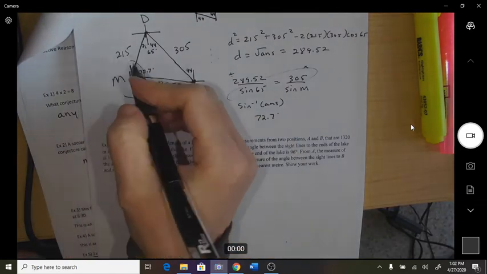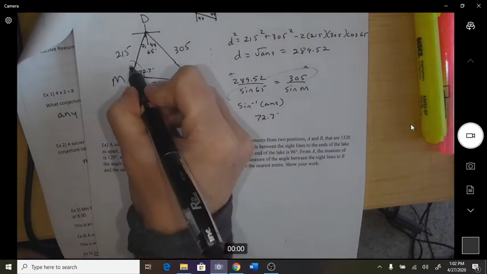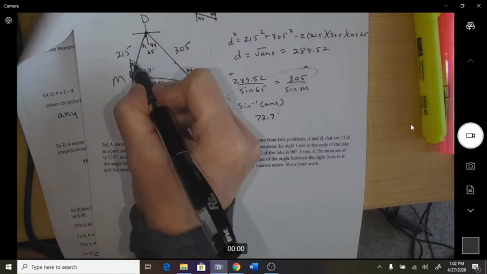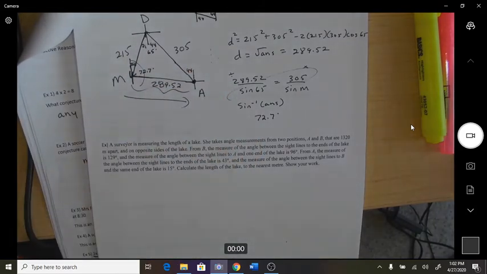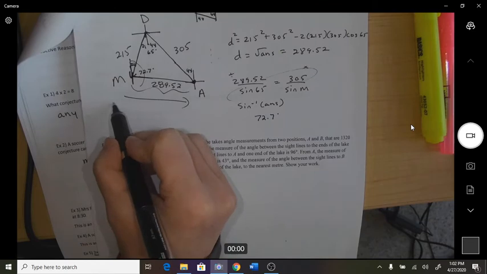Okay, now how does this work out? This was 21 in there because I alternate them, and 72.7.